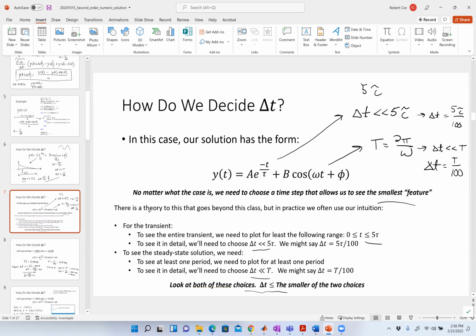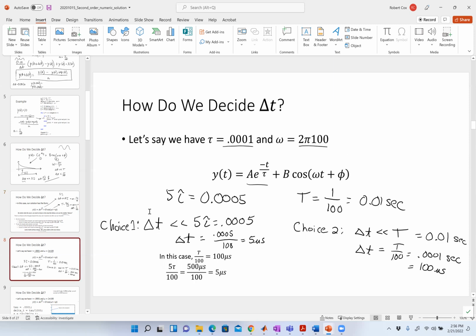So we basically said those are our two boundary conditions, and I want to choose the one that is the smaller of the two. Last time I gave a couple of examples with this. I said, what happens if my tau is 0.001 and my omega is 2 pi over 100?